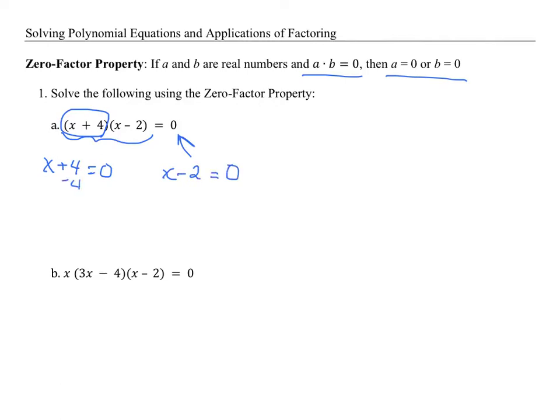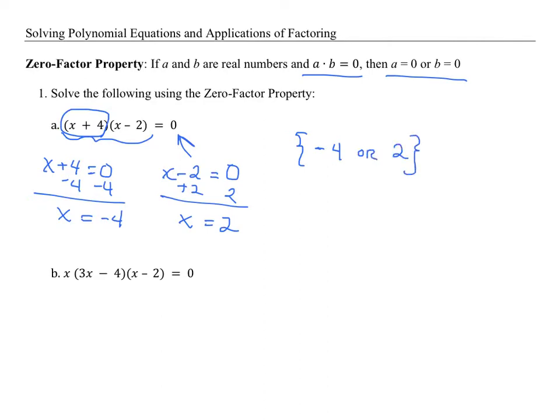So we're going to subtract 4 from both sides here. X is equal to negative 4. I'm going to add 2 here. X is equal to 2. So I have two solutions here. X is negative 4 or 2. Just write it like that.